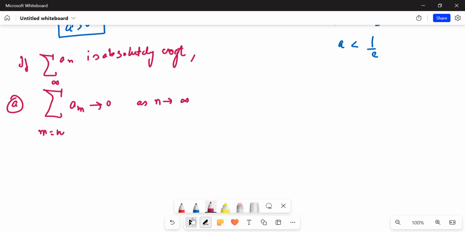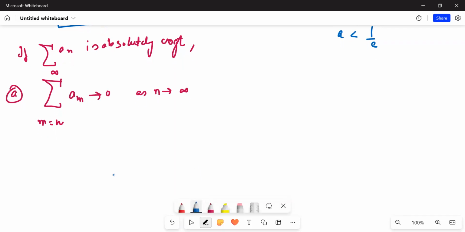What do you think this statement would be? Understand my point. If summation an is absolutely convergent, it implies that summation mod an is convergent.